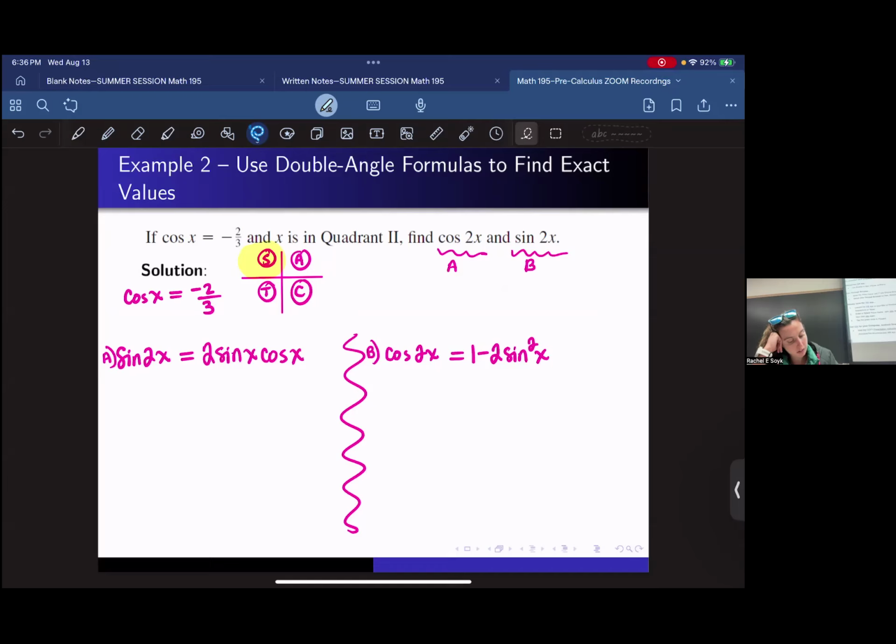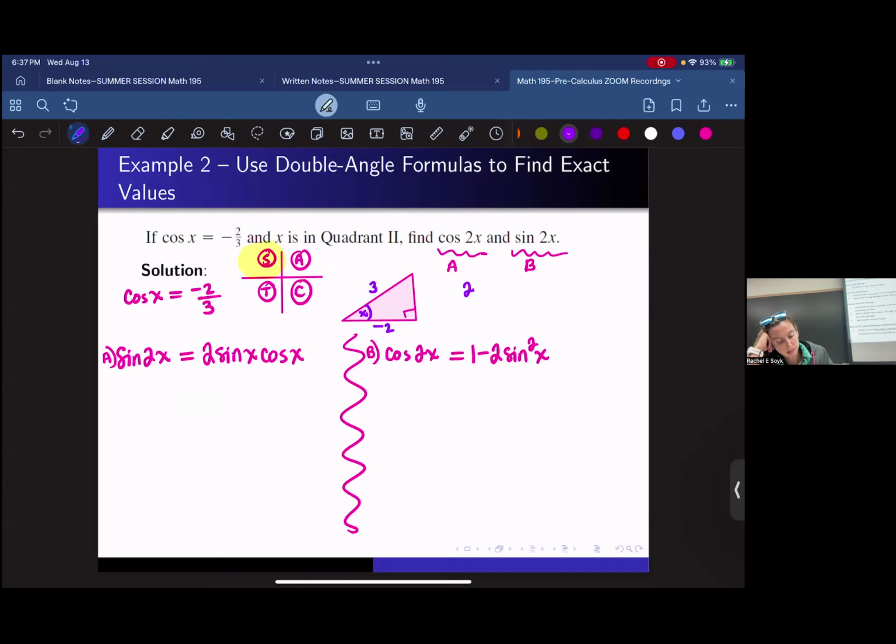And we're given our cosine of x. Let's utilize our right triangle properties again. This is our angle x. Cosine is adjacent over hypotenuse.